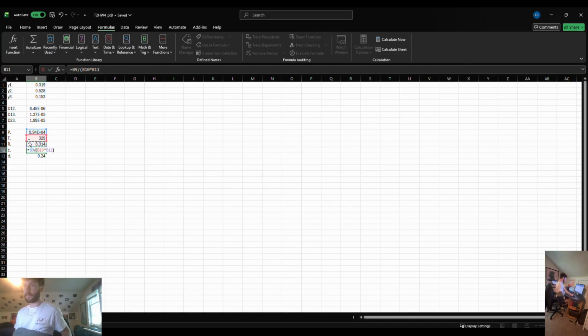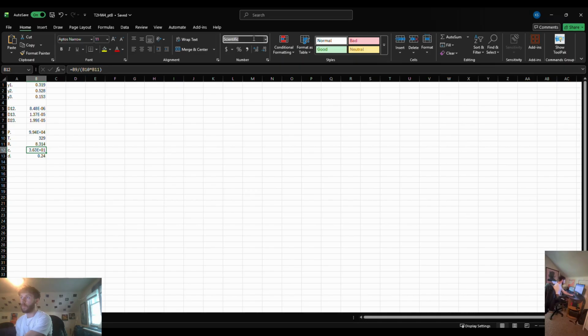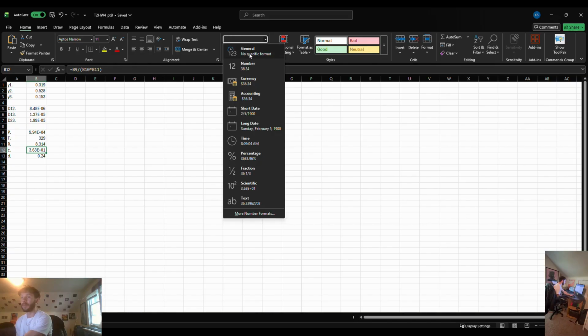And then we have our boundary thickness.